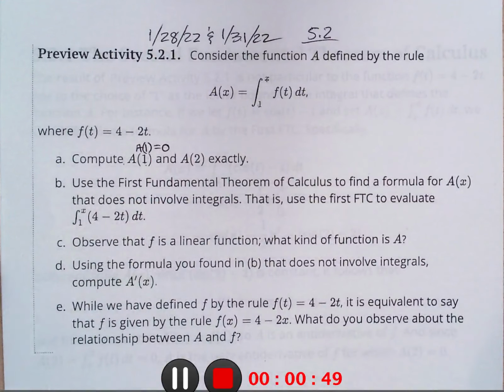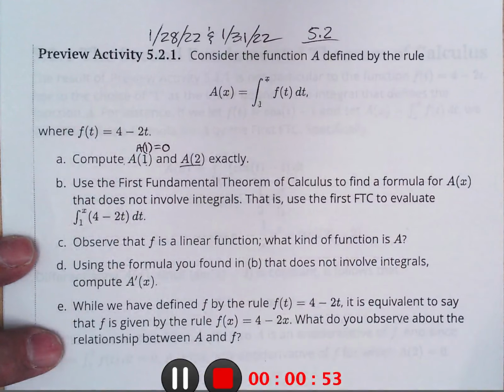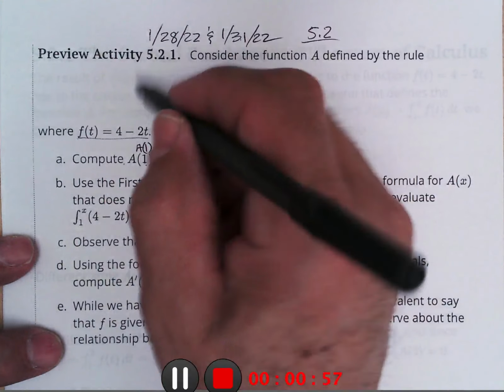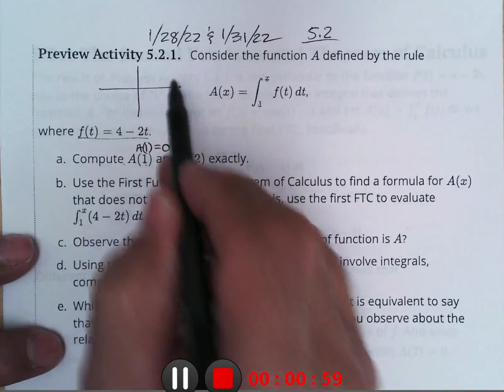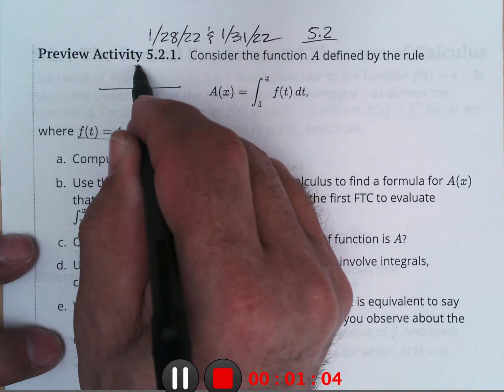Now, A of 2, we can do it a couple of ways. First of all, we could just draw f of t, which is a line, goes through plus 4 and has a slope of minus 2.